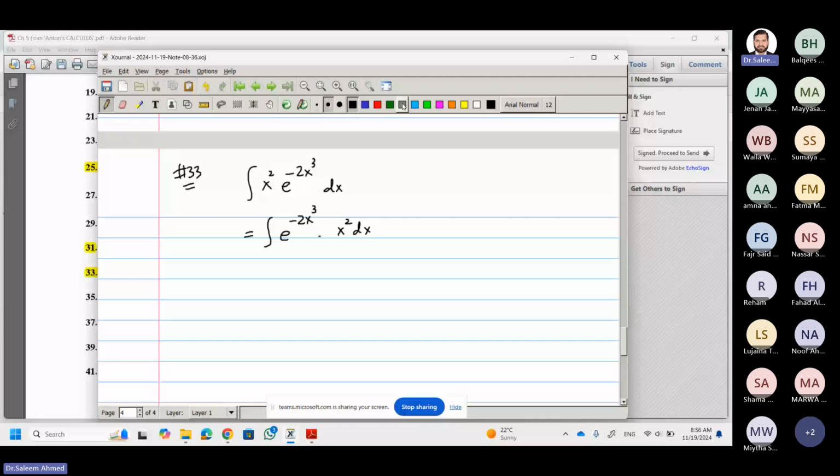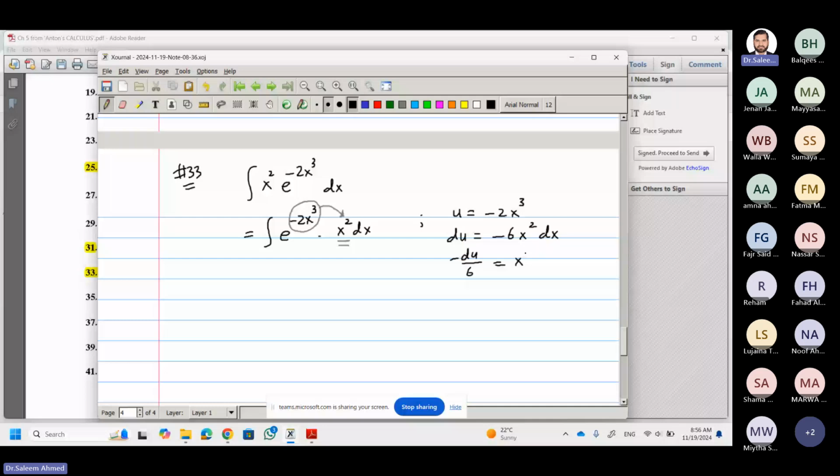There will be a constant, but x square will be there, right? So I can take the whole power minus 2x cubed as u, and du becomes minus 6x square dx. So I can divide 6 on the other side. That will become minus 1 by 6 x squared dx.